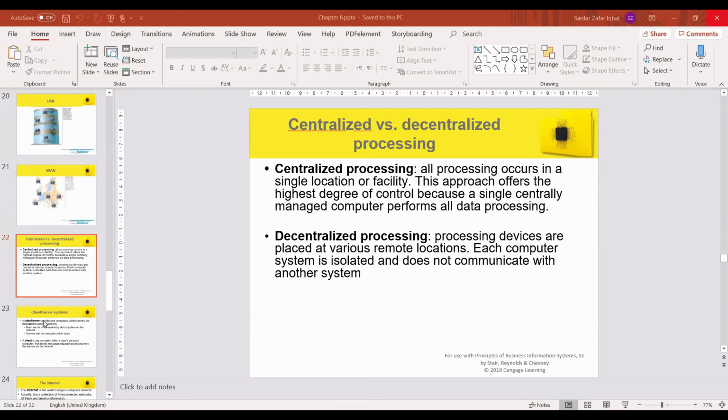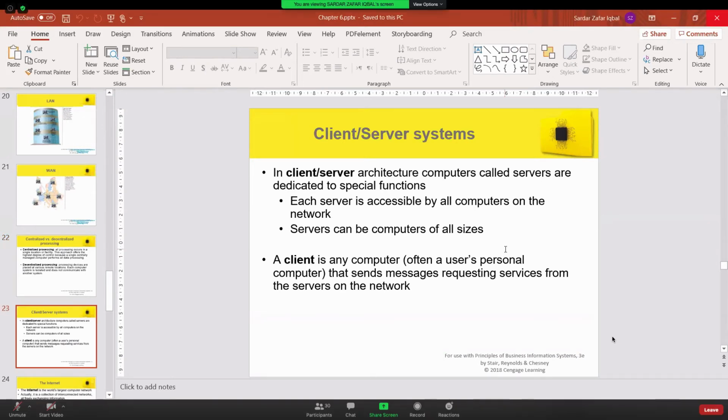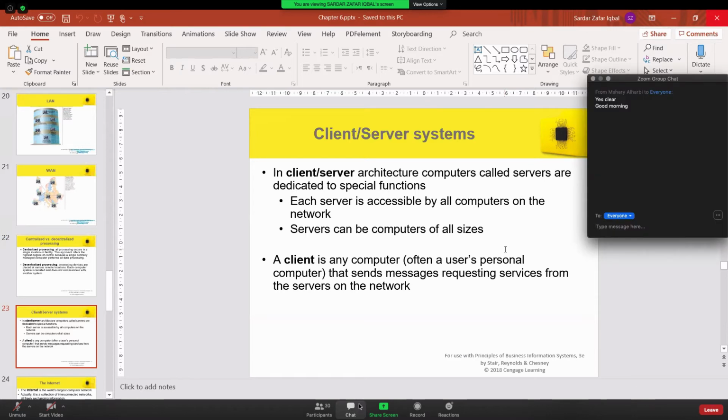So when we talk about this, then you should know about the client server system. Well, what is client or server? Anybody knows? Have you heard this name, client server architecture?